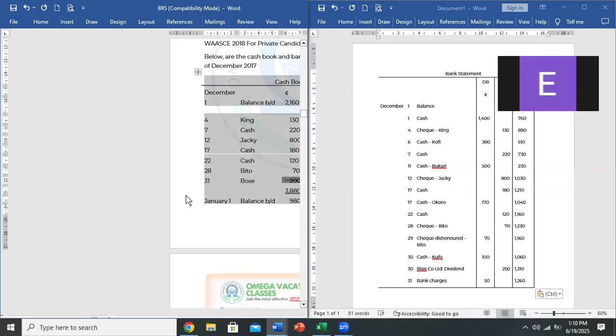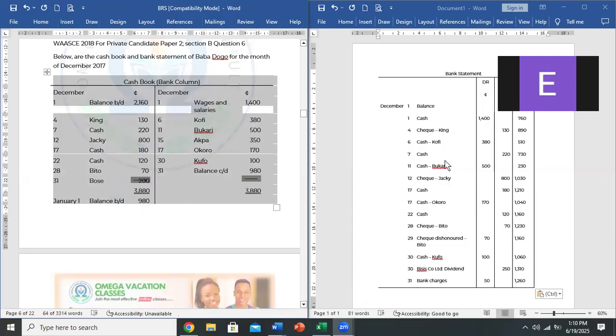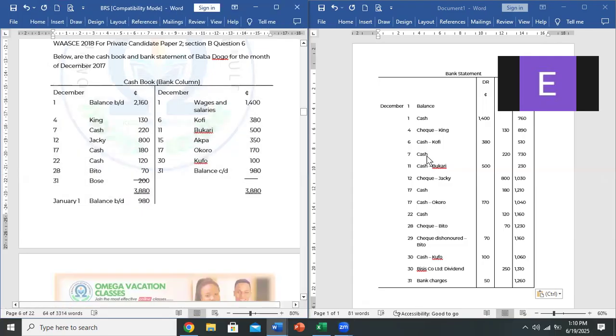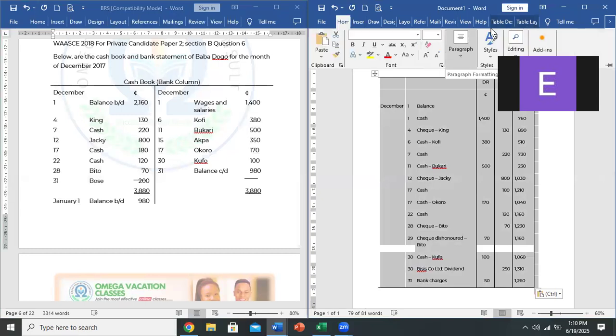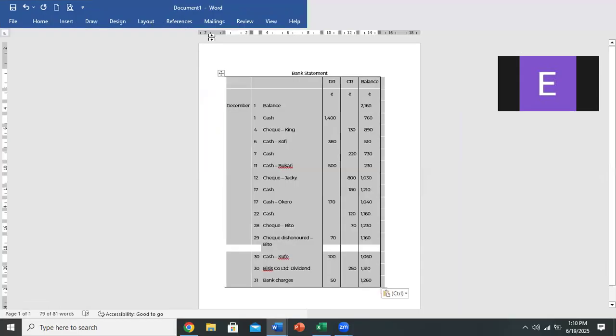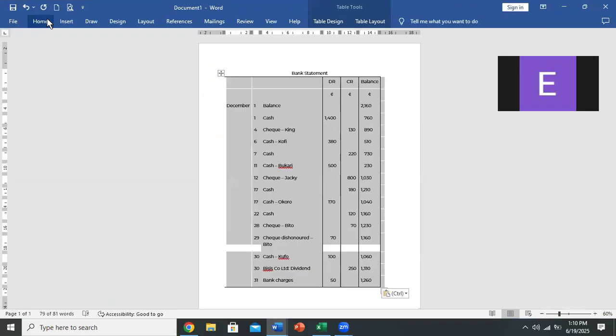Okay, so professors, since we are comparing, I want to get the two documents closer to each other so that the comparison will be very easy for us. If we don't do it like that, comparing will be difficult.